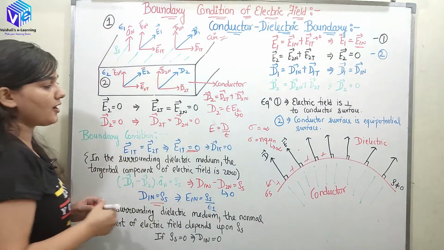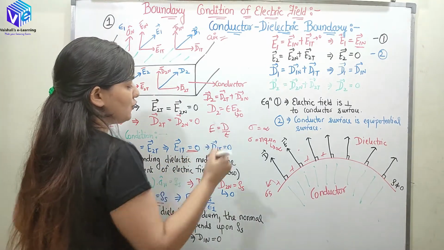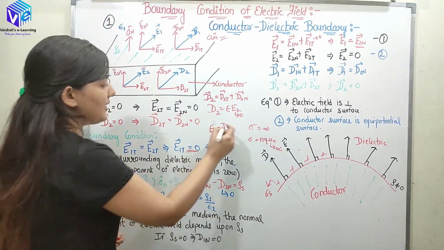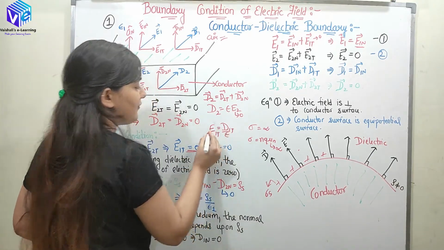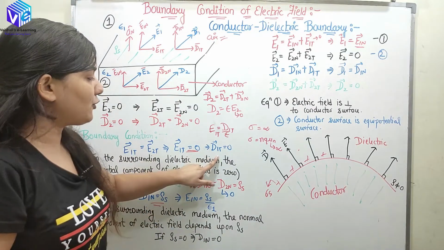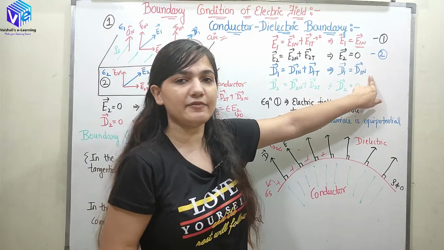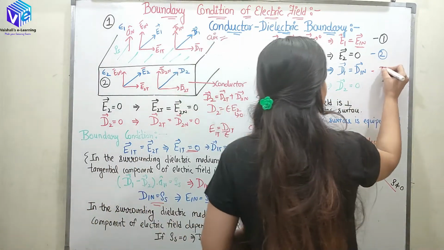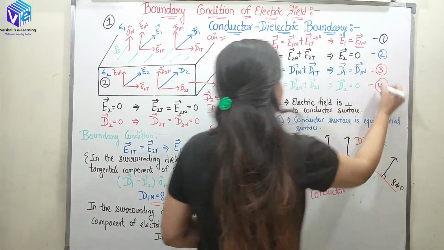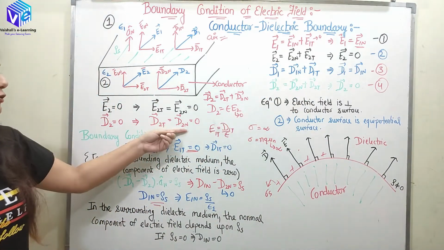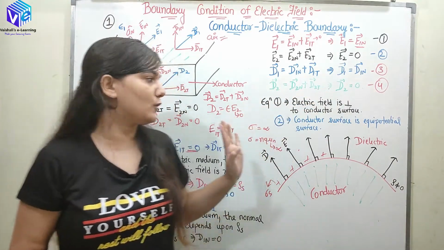If E is 0, D has to be 0 because epsilon is a constant. So D1t will be 0 if E1t is 0. So D1 will be directly equal to D1n. This is equation 3. And this is equation 4, where D2 is equal to D2n plus D2t. Both D2n and D2t were 0, so D2 will be directly equal to 0.